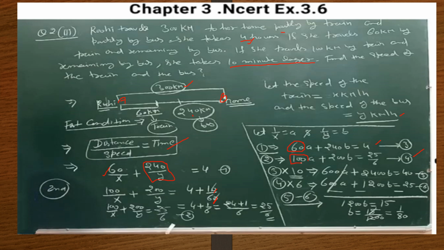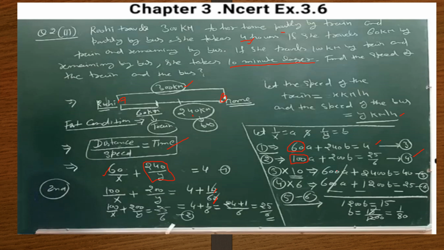The coefficient of a in the third equation is 60 and in the fourth equation is 100. We need to make these equal. How can we make them equal? When we multiply 60 with 10 and 100 with 6, we will get 600 in both. So we multiply the third equation by 10 and the fourth equation by 6.